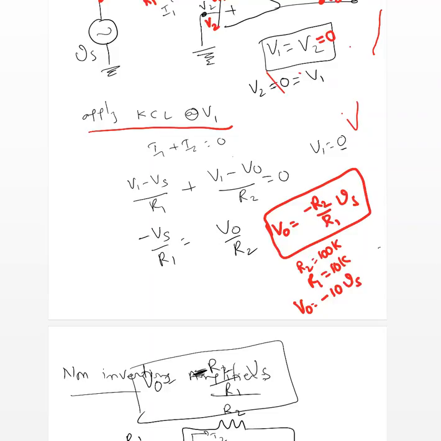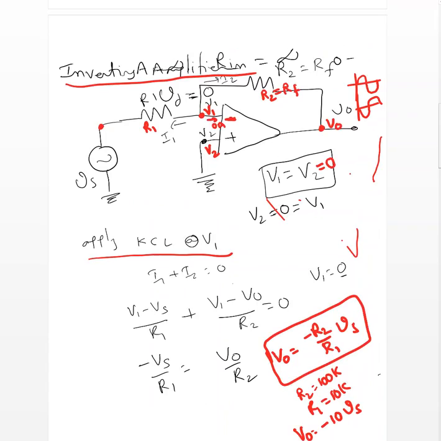As I mentioned in the previous case, most of the cases the positive and negative power supply is limited to 15 volts. So even though I'm supposed to get minus 100 volts, the output voltage is going to cut off at 15 volts, because the output is limited to the supply voltage.